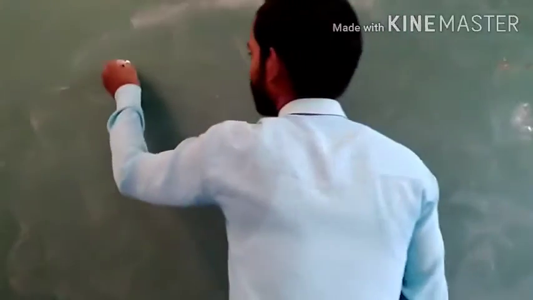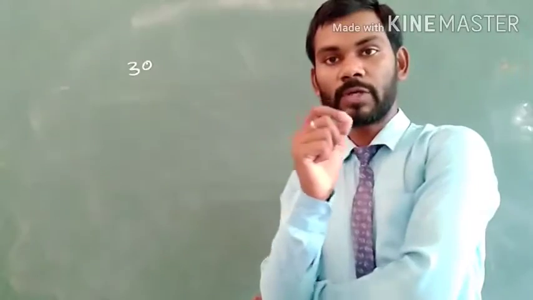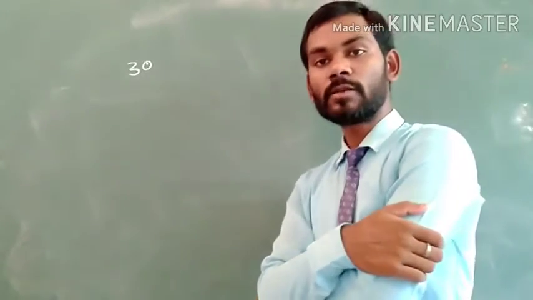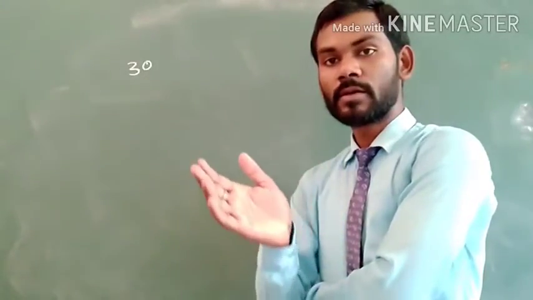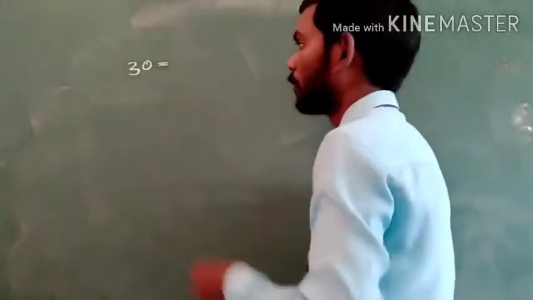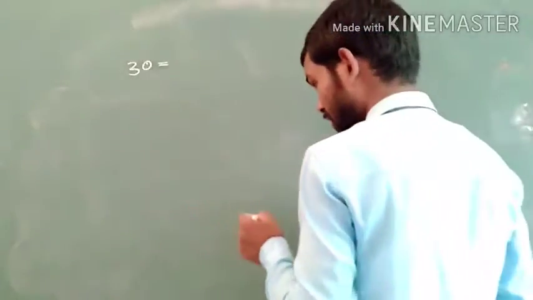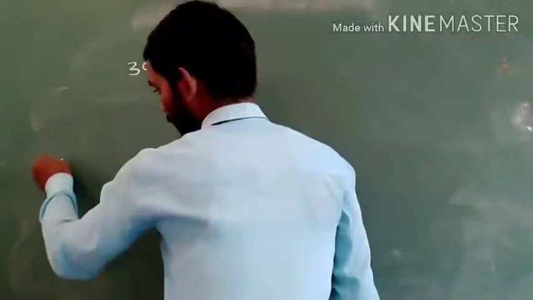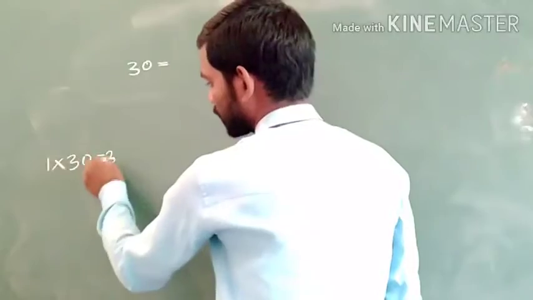Suppose that 30 is a given number and we have to find out all its factors. Here I just want to show that except 1, all other numbers have more than one factor. As we know, when we read the table of 1, if we multiply 1 by the natural number 30, we get the product 30.